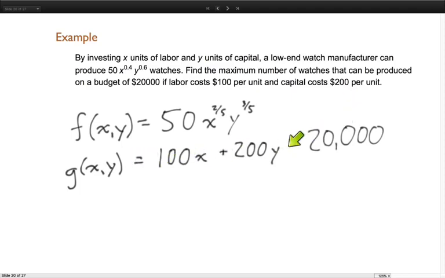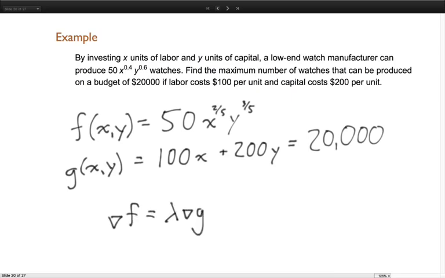So this is going to be a level curve of this function g, and we know from our theorem that the local extrema for f constrained to this g will happen where their gradients line up.